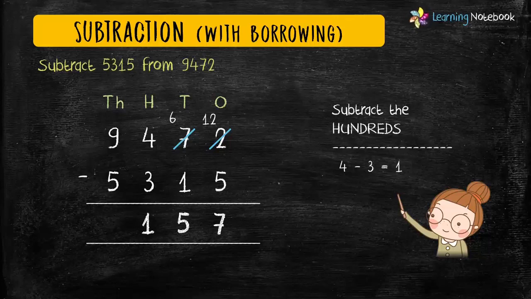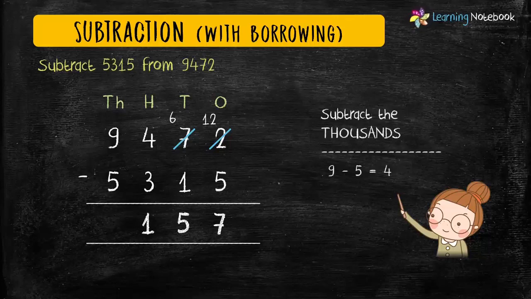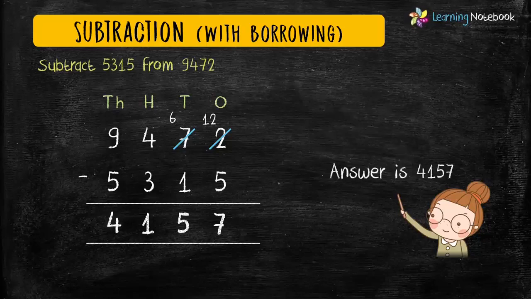And in the end, let's subtract the digits at thousands place. 9 minus 5 equals to 4. So our answer is 4157. So students, this is how we do subtraction of 4-digit numbers with borrowing from tens place.